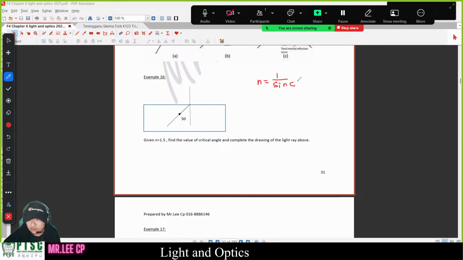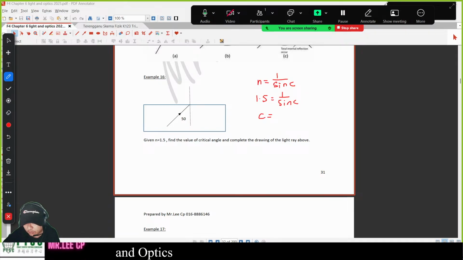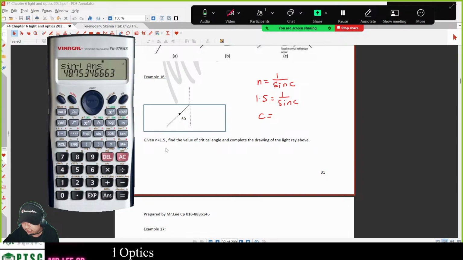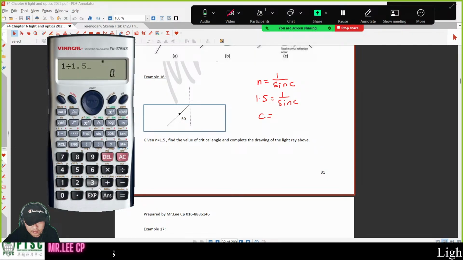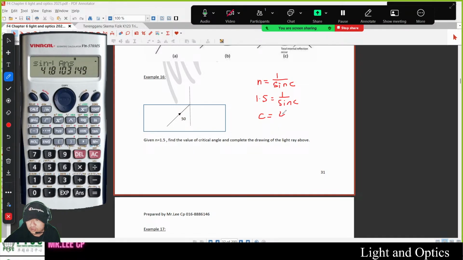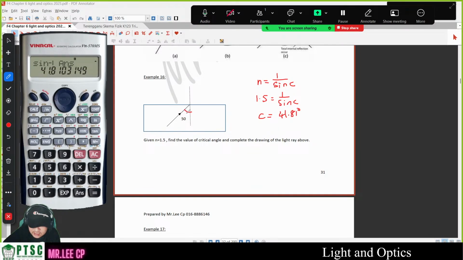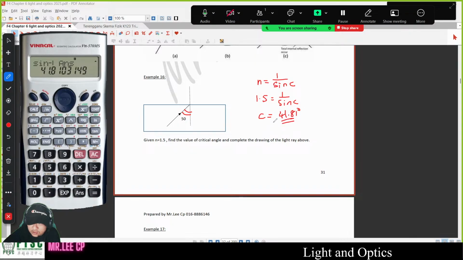I want to find the critical angle. n is 1.5, 1 over sine c. c is 1 divided by 1.5 and then shift sine. So 41.81.